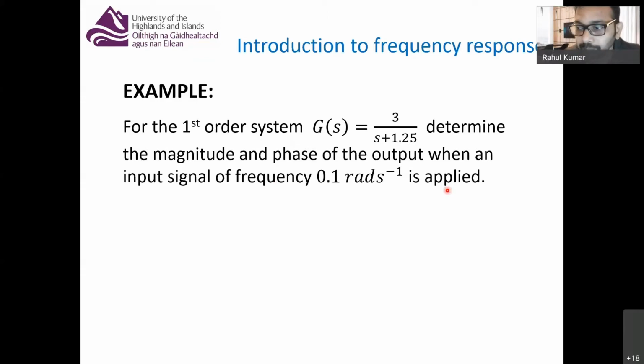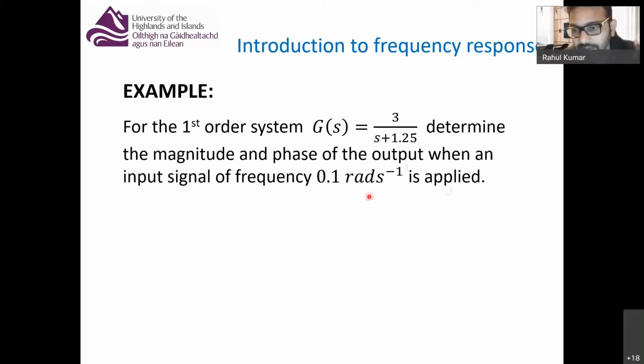So in this example, we are given the transfer function of the first order system, and we have to determine the magnitude and the phase of the output signal, where your input signal has a frequency of 0.1 radians per second.